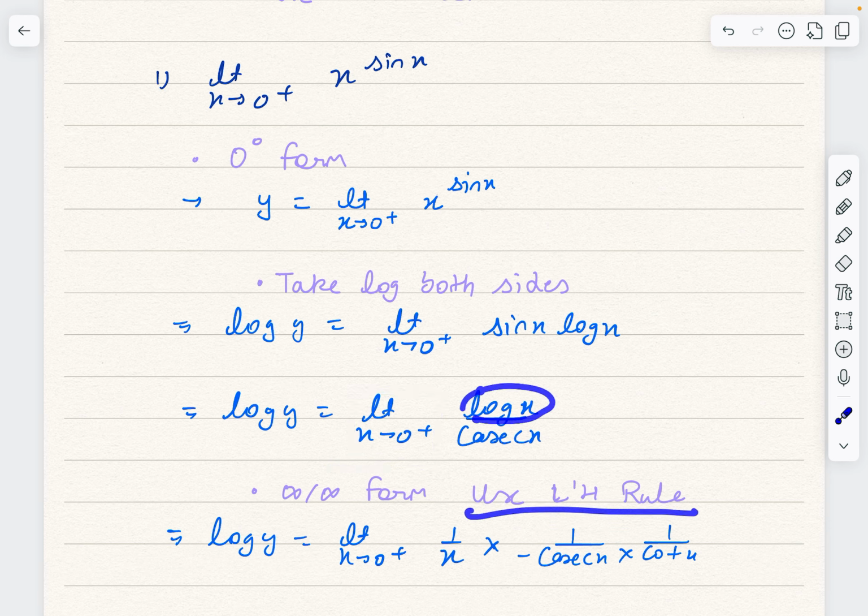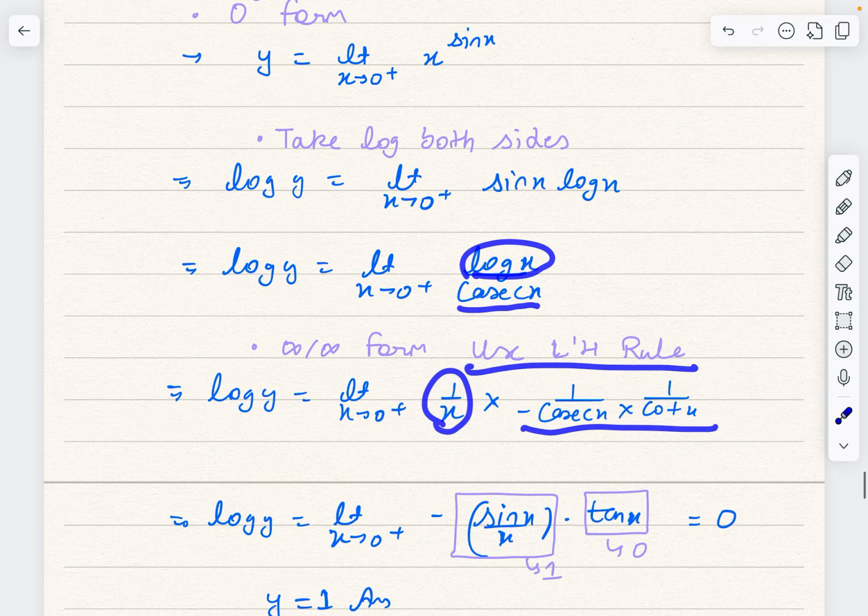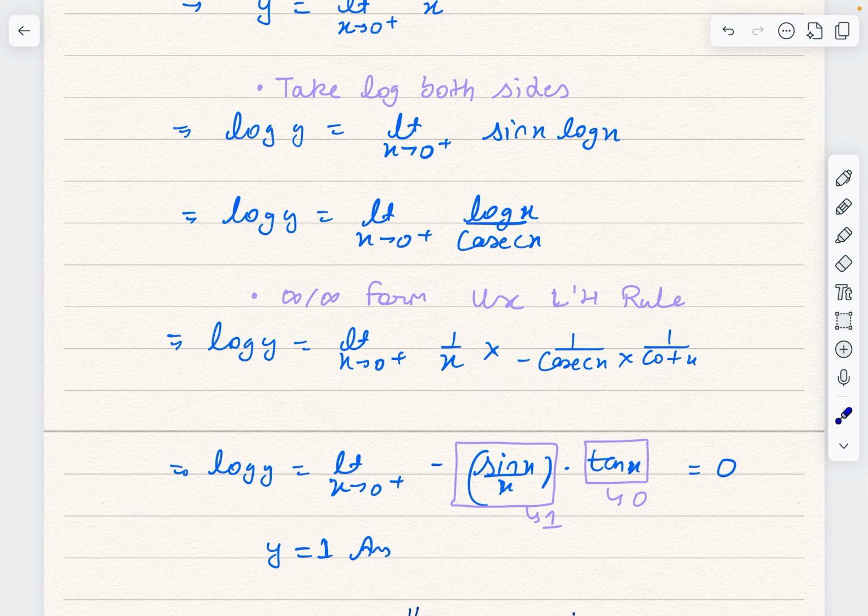When you use L'Hospital rule, log x will become 1 by x and the differentiation of cosecant x will be minus cosecant x cot x. So this we can rewrite: cosecant x we can write as 1 by sine, cot we can write as 1 by tan, we get minus of sine x by x into tan x.